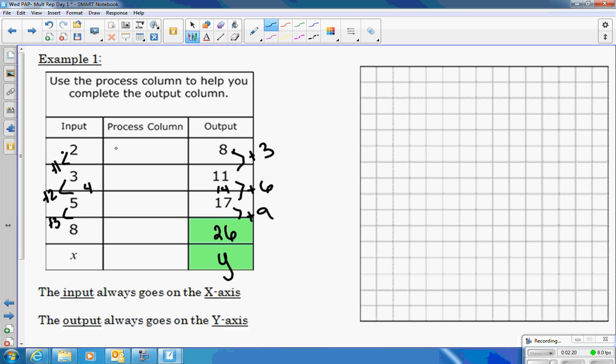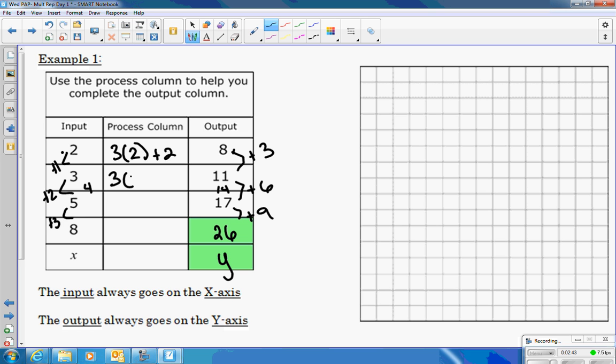So the increase was 3. I multiply that by the term number, so this term number was 2. 3 times 2 is 6, plus 2 gives me the 8 that was my output. So this is just like you're coming up with your rule like we did on sequences earlier this week.